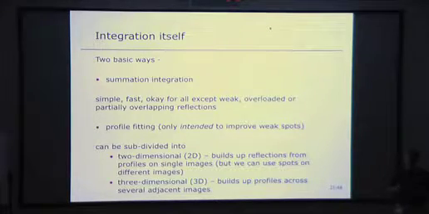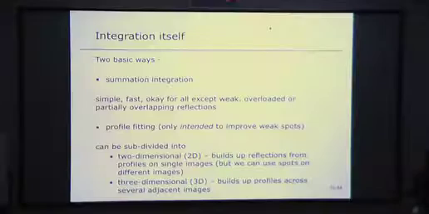And further, you can subdivide that into 2-dimensional integration, which is what MOSFLM does, where it measures intensities on each image individually, and then we combine them later. Or 3D integration, which is what programs like XDS do, where they try to build up a fully recorded reflection as the integration proceeds.